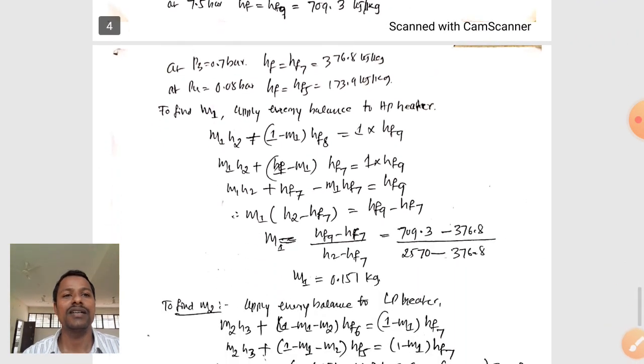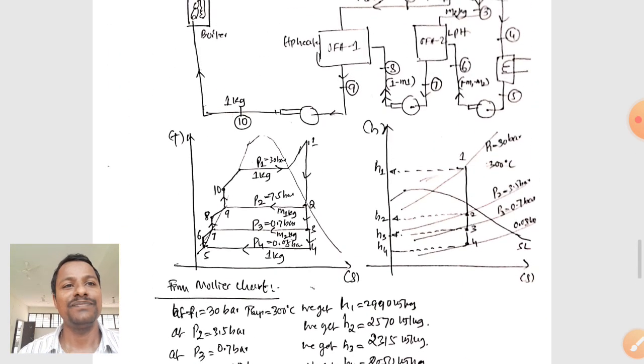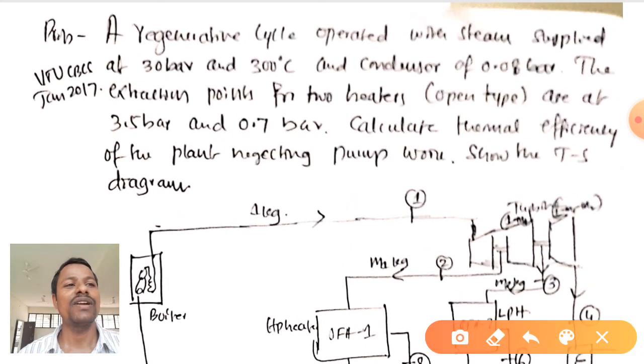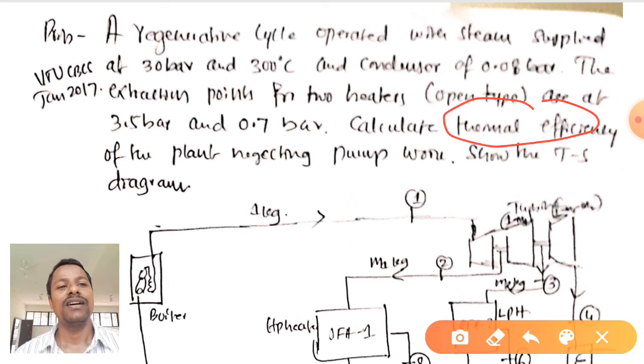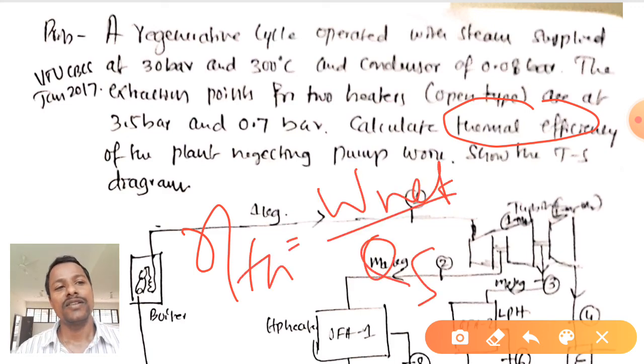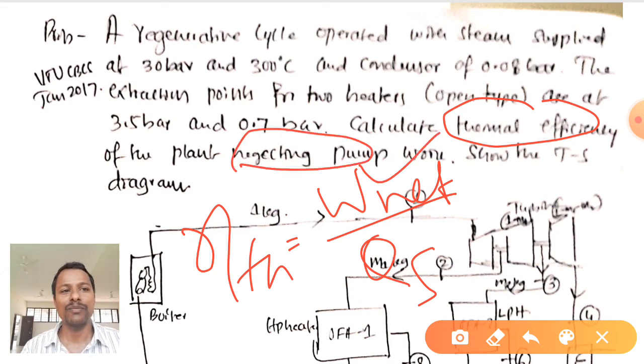First, we are supposed to calculate the thermal efficiency. Thermal efficiency is always net work upon heat supplied. Net work includes turbine work minus pump work, and he has asked us to neglect the pump work, hence turbine work upon heat supplied.